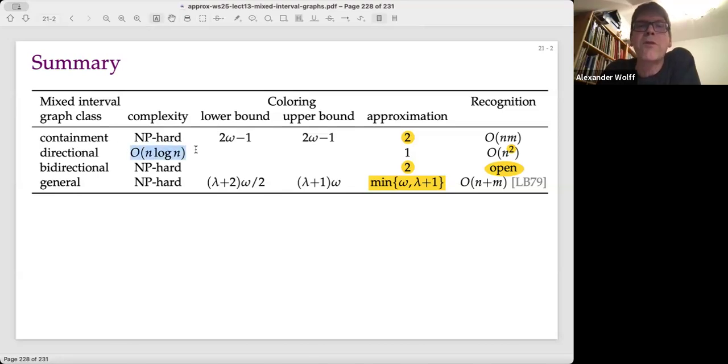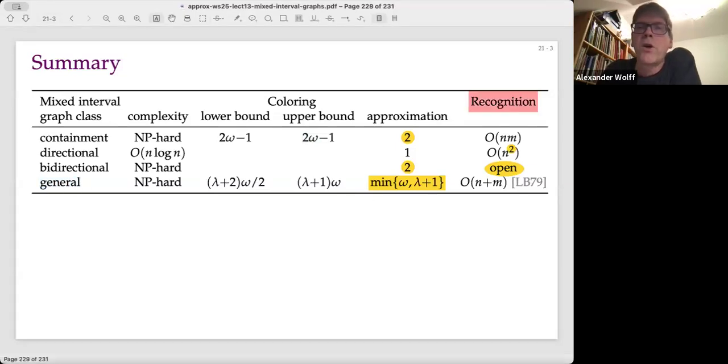I showed you this algorithm. I showed you for containment graphs the bound 2 omega minus 1, which gives us a 2 approximation. And I have not talked about recognition at all. And I just skipped this general mixed interval graphs.